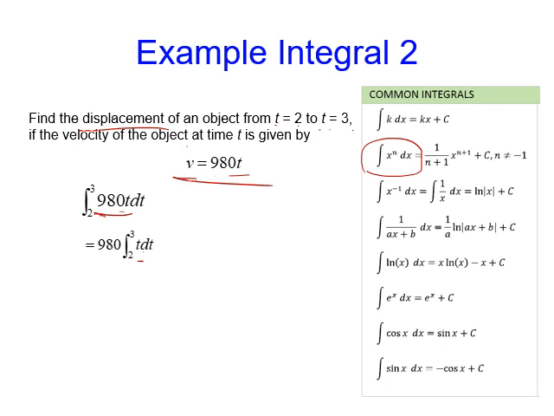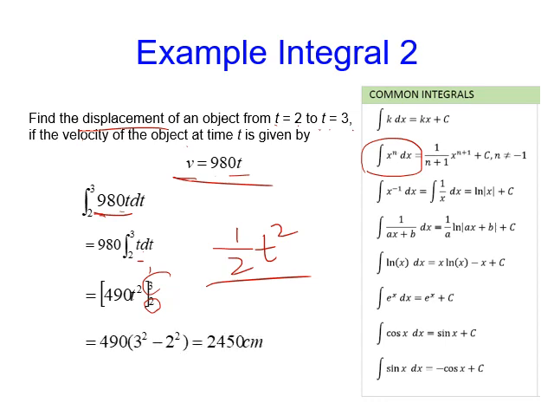So 1 plus 1 is 2, 1 divided by 1 plus 1 is 2, and t to the 1 plus 1 is t squared. That gives you 490 t squared, with time changing from 2 to 3. Again, final minus initial: final when t equals 3 minus when t equals 2. That gives you 2,450 centimeters.